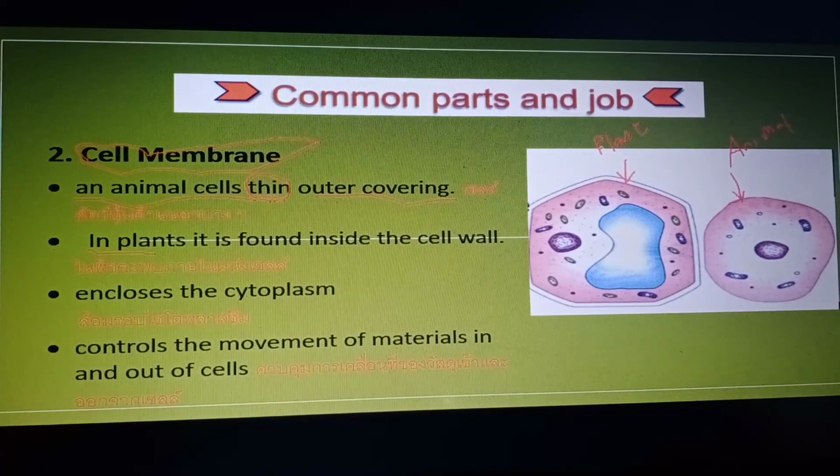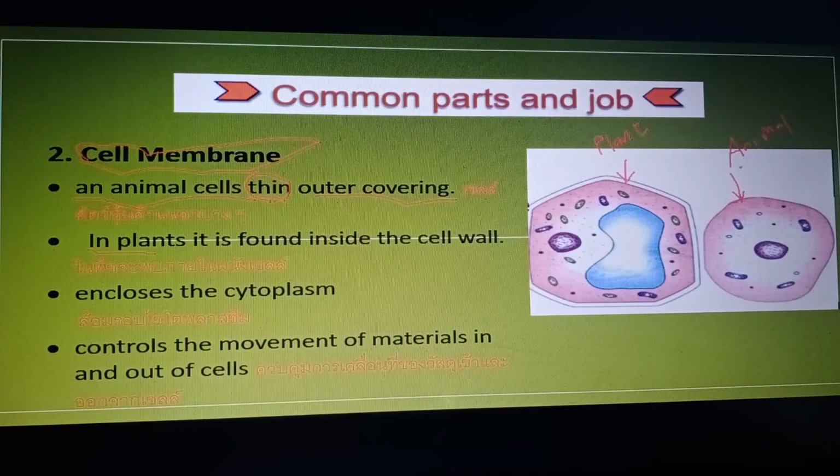This is your plant cell, and your cell membrane is inside the cell wall, because the outer part of your plant cell is your cell wall, and the next line after your cell wall is your cell membrane.